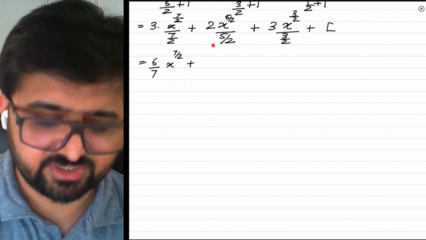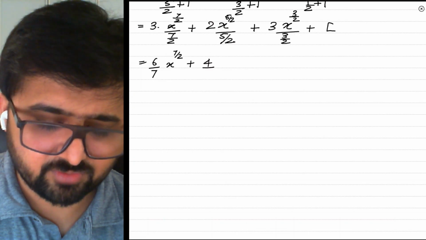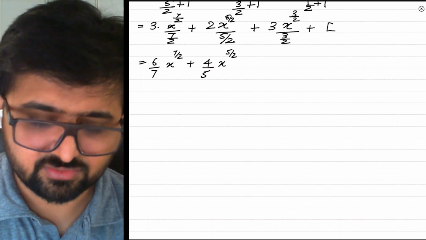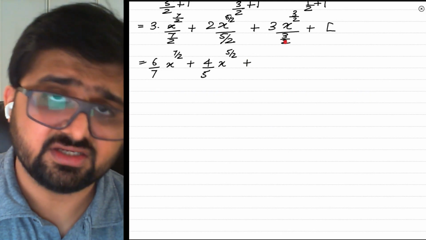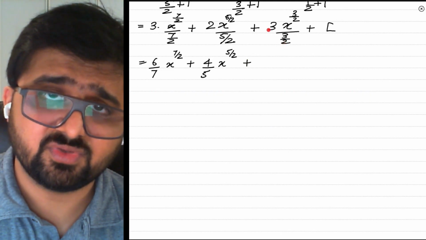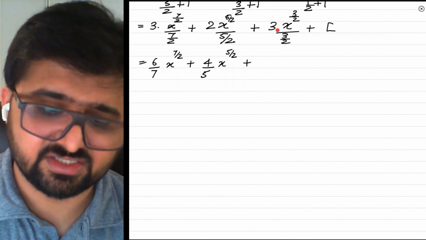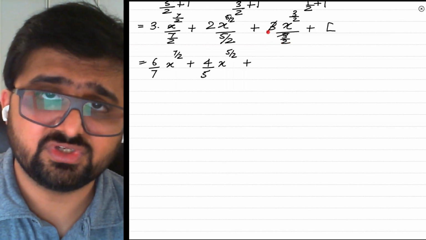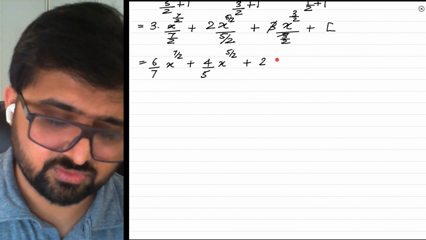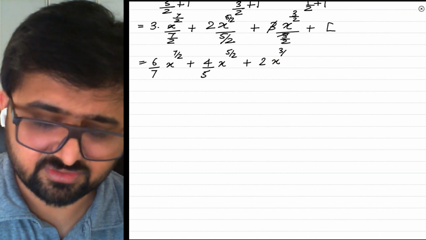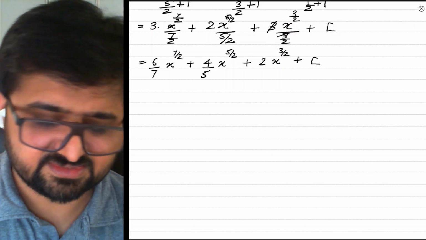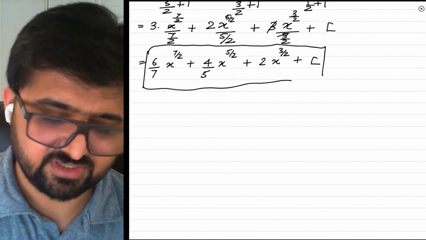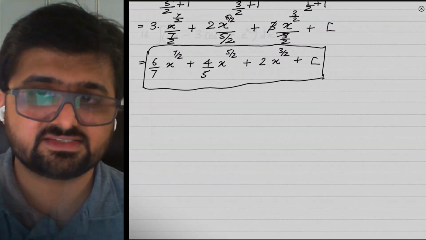That will become 4 by 5 x to the power 5 by 2, plus again that 2 will become 6 along with this 3, or actually you can just cancel this 3 and this 3, so that 2 will go in the numerator and just become 2 x to the power 3 by 2, plus the constant c. That's your result of the integral. I hope that makes sense.